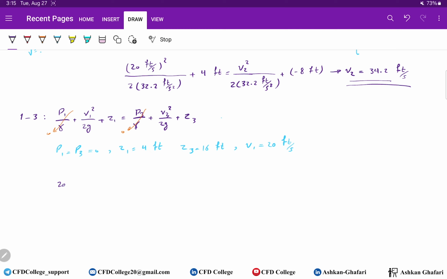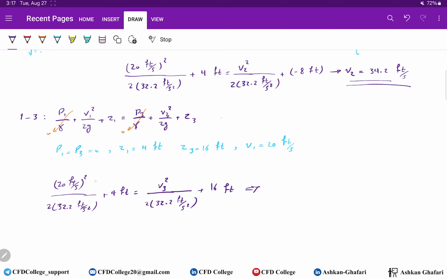So 20 feet per second square over 2 times 32.2 feet per second square plus 4 feet equals V3 square divided by 2 times gravity plus 16 feet. And from this equation you can find velocity, and it's not difficult, as you can see.